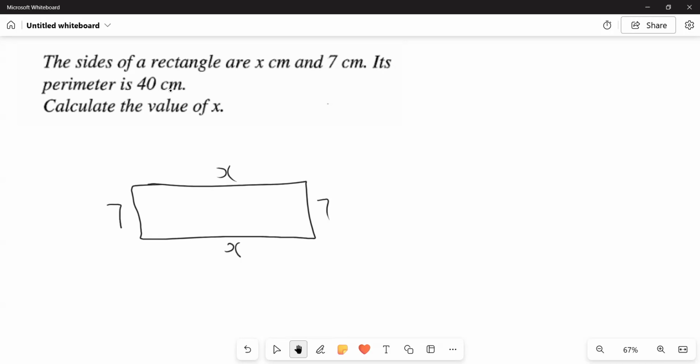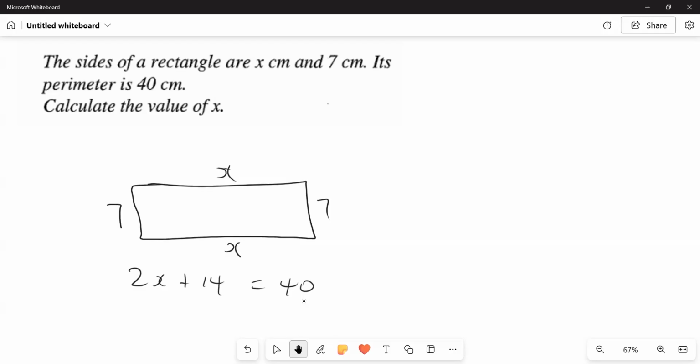So you're going to relate or connect all this information, the unknown to this 40 and use the 7, in a single equation. 2x plus 14 should add up to 40. So you are relating the unknown x with all the other information given.